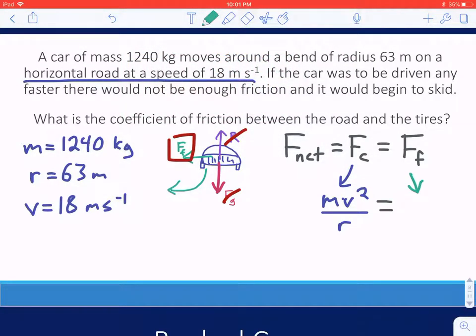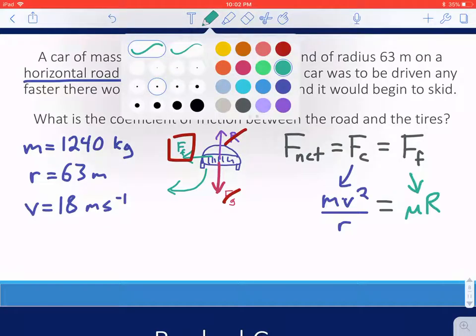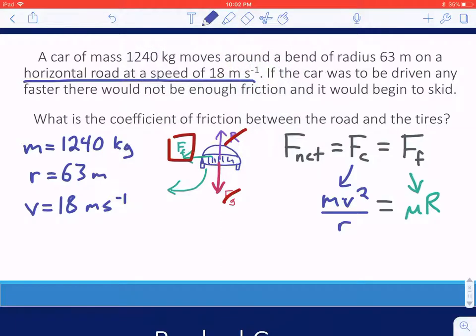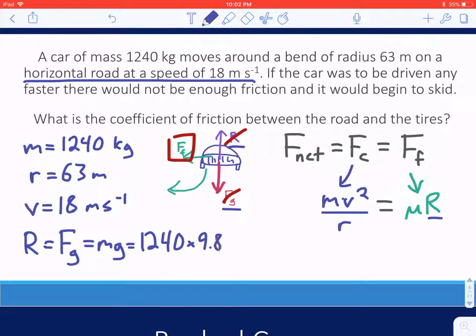In this case, force of friction is always given by mu times R, the coefficient times our normal force. Now we know almost all of this information. The only thing that we don't have on our list on the left is R. R, in this case, is equal to the force of gravity, those cancel each other out, which we know is equal to mass times gravity, or 1,240 times 9.81, which is 12,164 newtons.